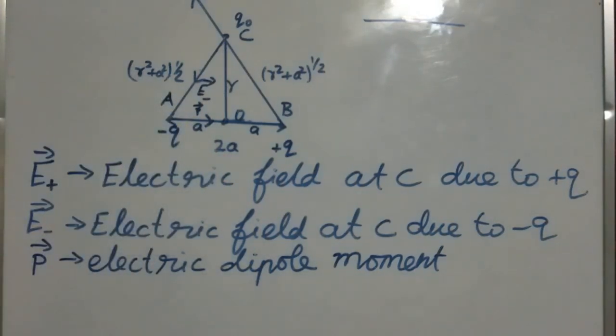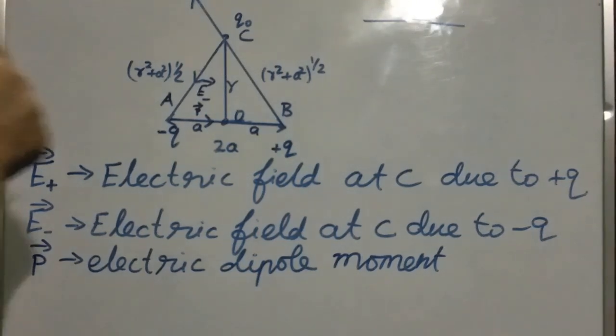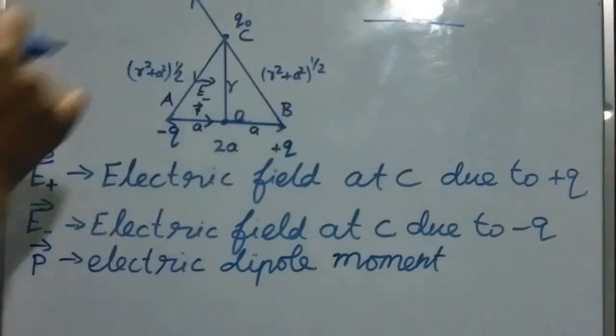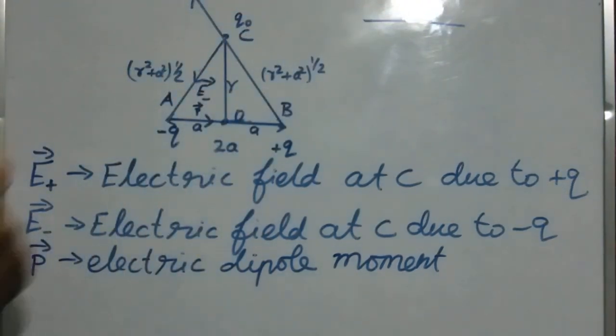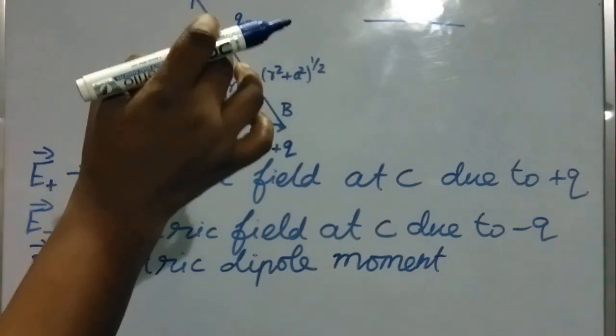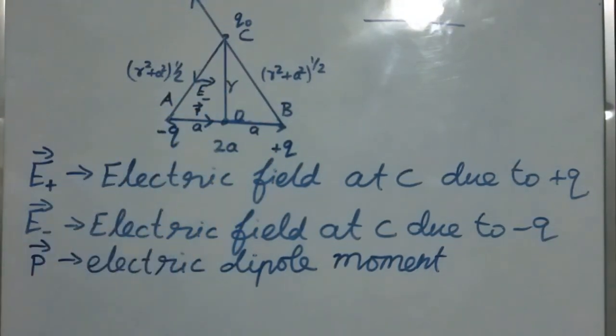Now, E plus and E minus are not lying in the same line like on the axial line. So here we are going to resolve E plus into two components, sin theta and cos theta.